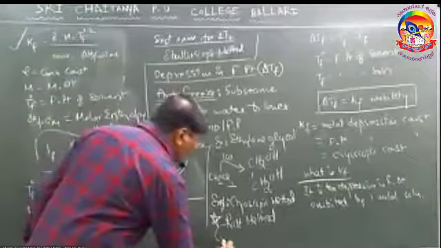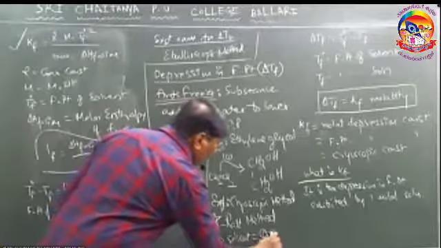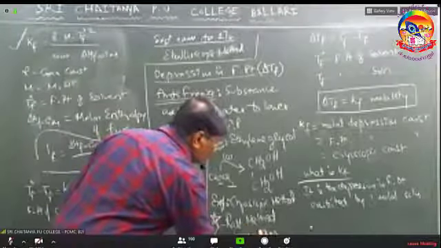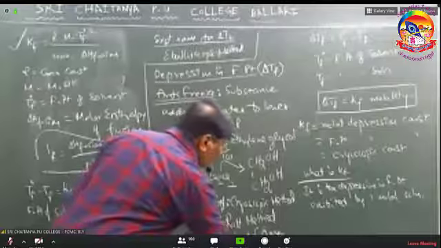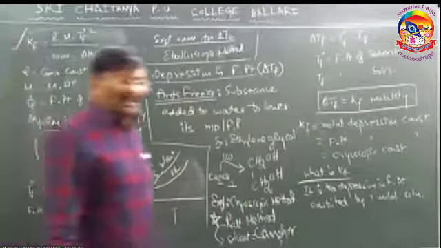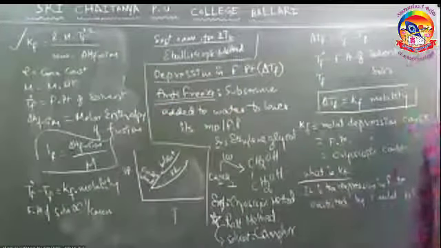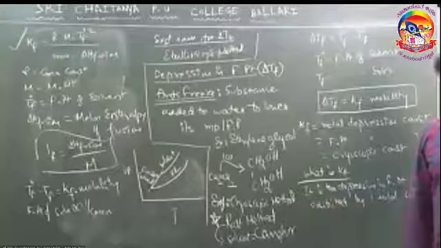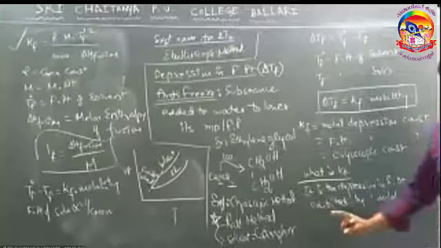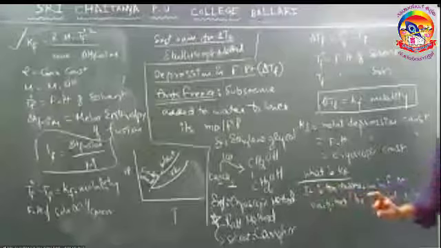In this Rast method, the solvent is camphor. Camphor. Please remember, camphor. Okay? Please remember all this.